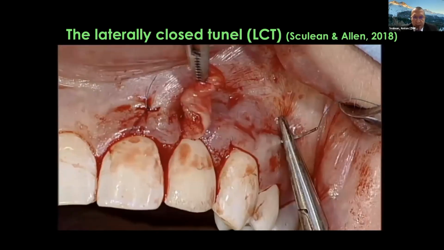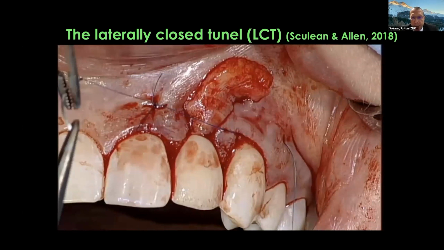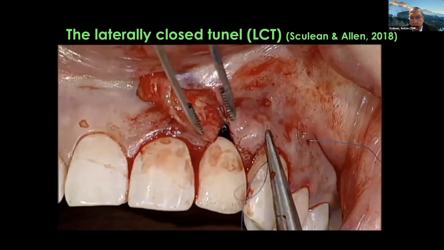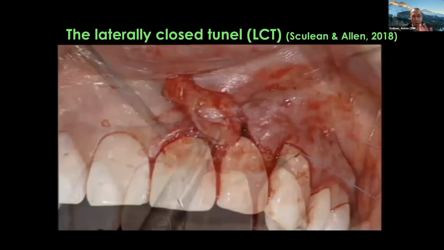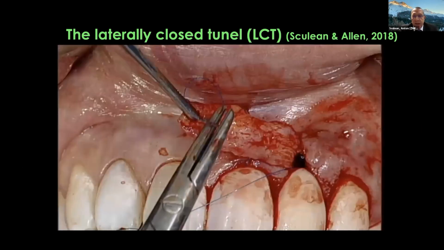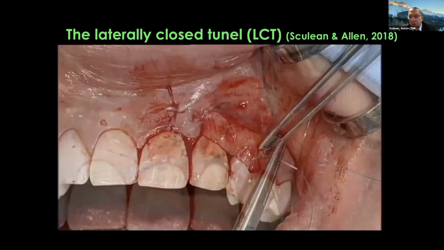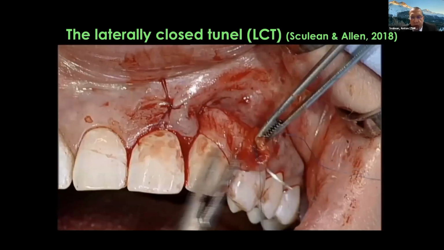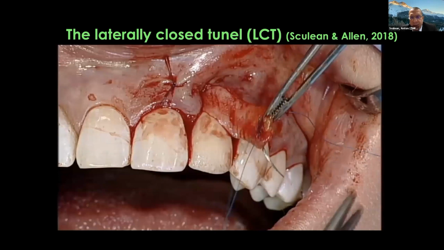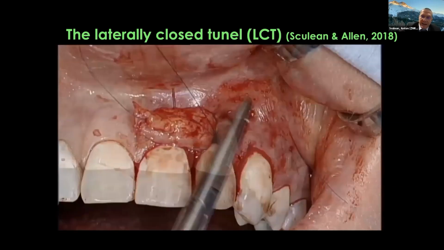Then I like to stabilize the graft at one end of the tunnel under one of the papillae, and then you pull it in the other direction and stretch it, in a way as we would stretch a membrane. We have to make sure that the sutures inserted in this area always come from the same direction.